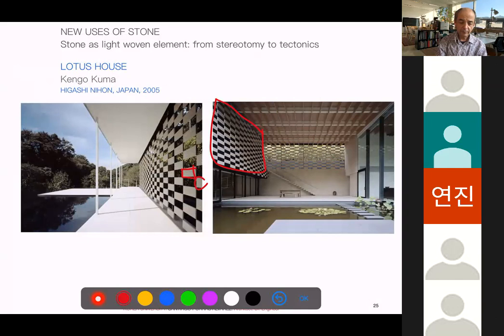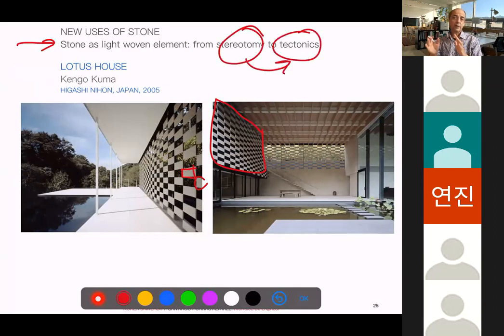And you will hear often that this is a step from stereotomy to tectonics. And this is where you have to be familiar with those words we commented on at the beginning in the first lecture, because architects, critics, and historians use those terms all the time. So it's from massive construction to light, woven, interlocked elements.